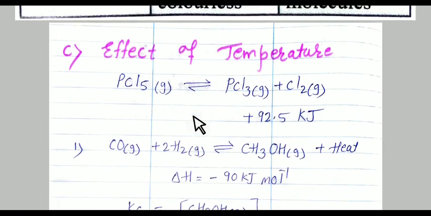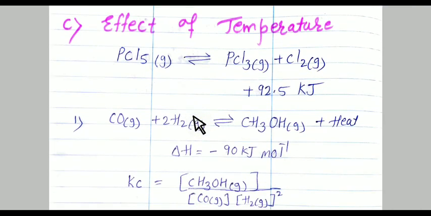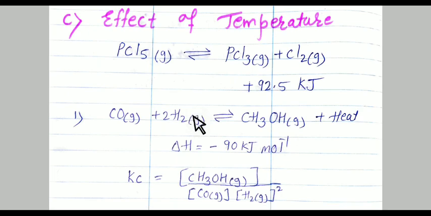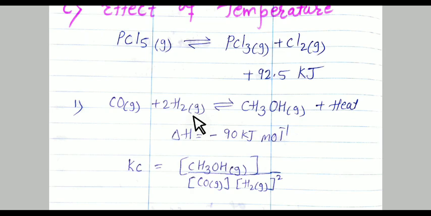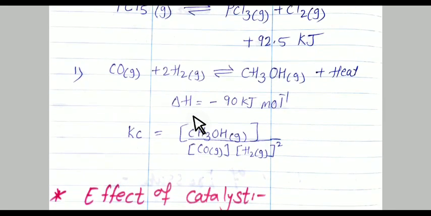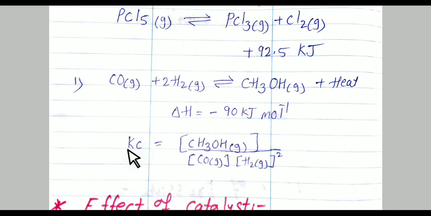Now, let us consider the effect of change of temperature on the equilibrium constant. As you know, the equilibrium constants are Kc and Kp. Here we are taking Kc and an equilibrium reaction: carbon monoxide reacts with hydrogen to form methanol and heat is evolved, which means delta H is negative. When we apply the formula of Kc to this reaction, what is the formula of Kc actually?